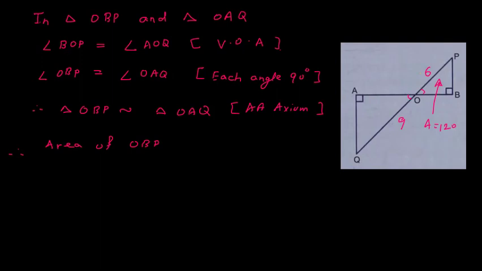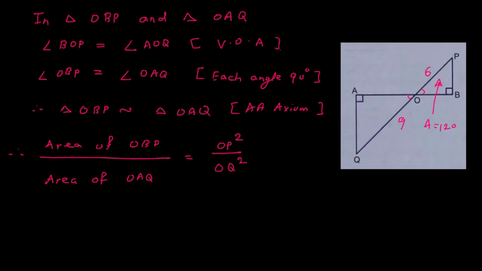So therefore area of triangle OBP divided by area of triangle OAQ. Now this ratio is equals to OP square divided by OQ square.